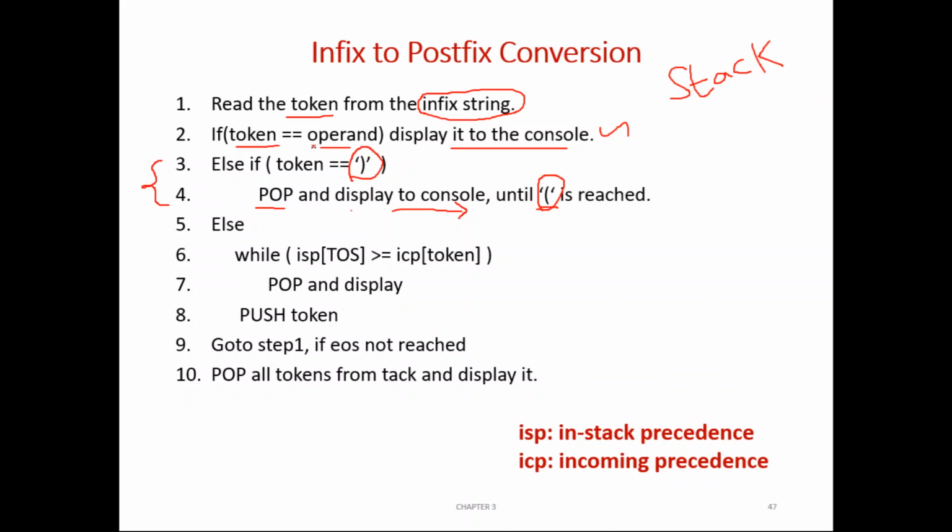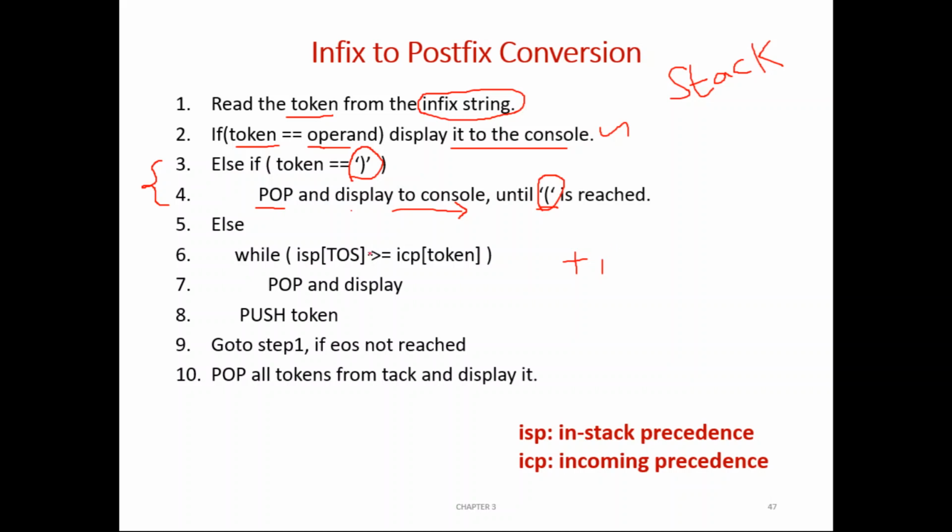If the read token is not an operand and not a close bracket, then what should we do? It means it is some operator. Okay, it may be either plus or minus or star or whatever it may be.